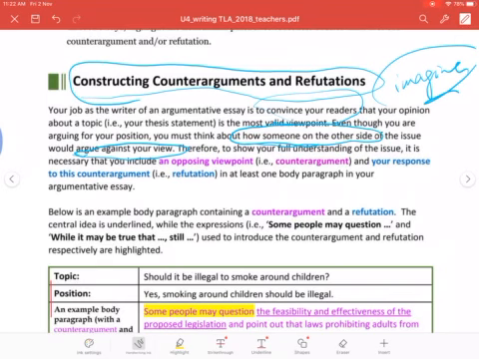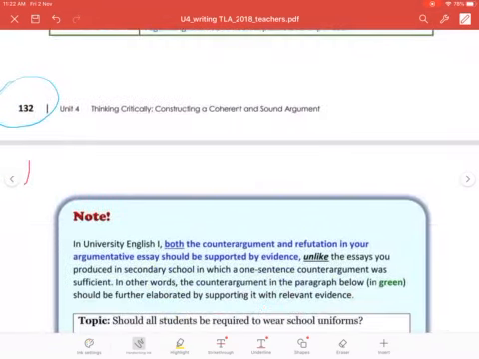And whenever you talk about the opposing viewpoint, we call this a counterargument. Okay, so the counterargument is a possible challenge against the argument that you're presenting. Part of your job for an argumentative essay is to present a counterargument, and then you also need to support your counterargument with some evidence. In other words, it's not enough to simply present a counterargument. You also need to actually support it.